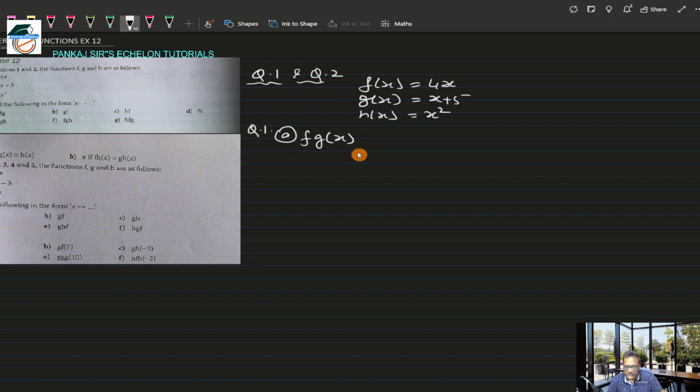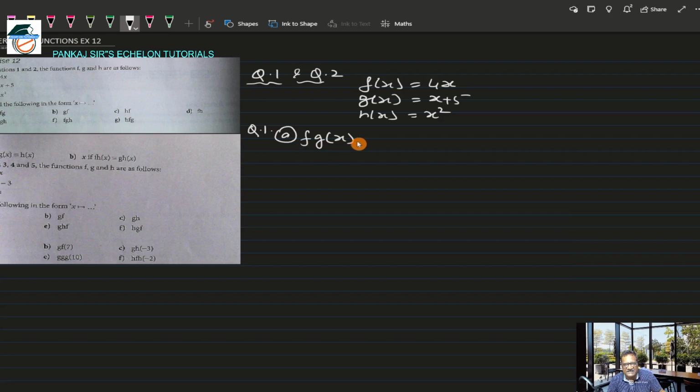I have already explained the meaning of composite functions, how to deal with them, and how to find the inverse function of a given function. So this is just the solution of the exercise. I'm going to explain it, but not in detail.